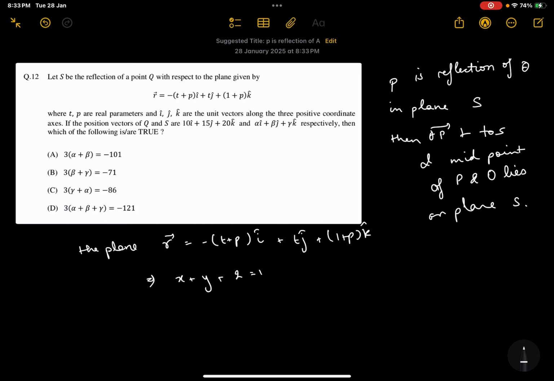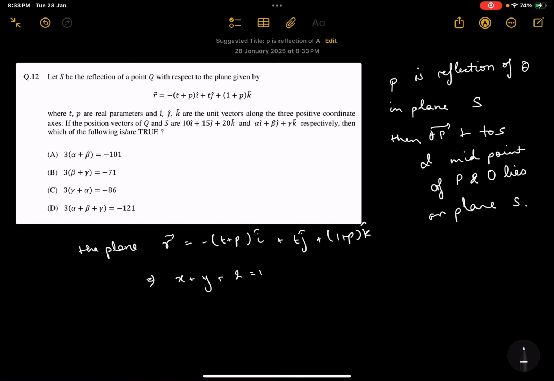Following this, the vector perpendicular to the plane is i plus j plus k cap. So that gives us the line PQ.